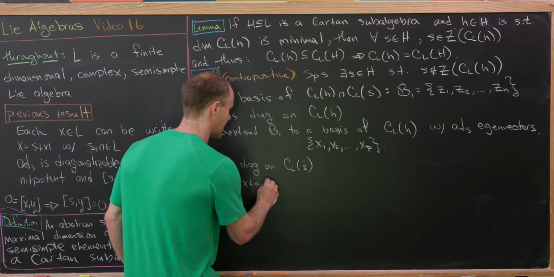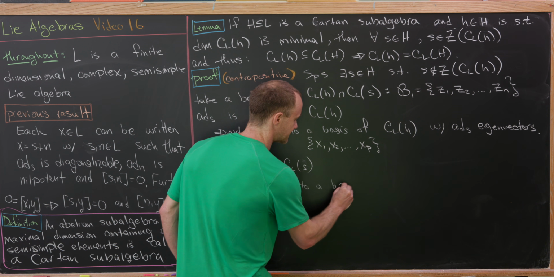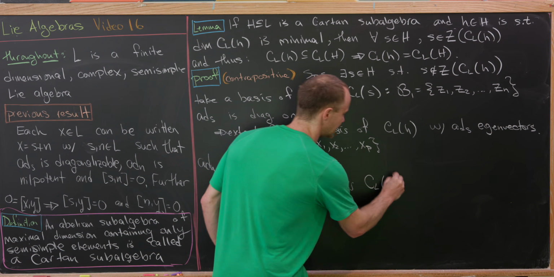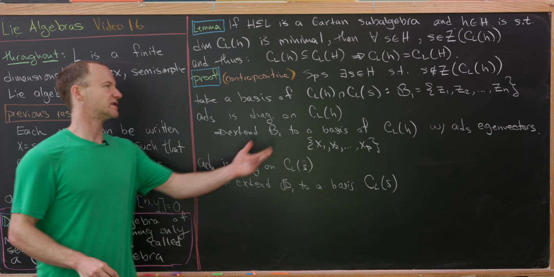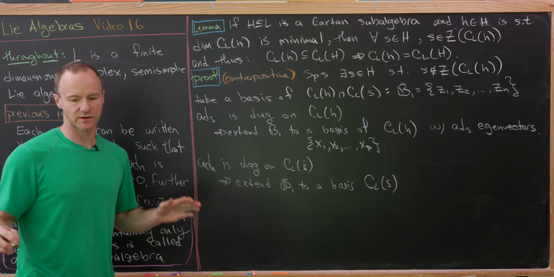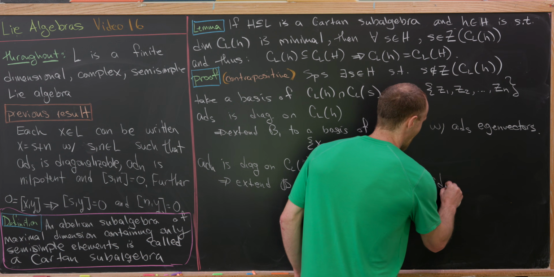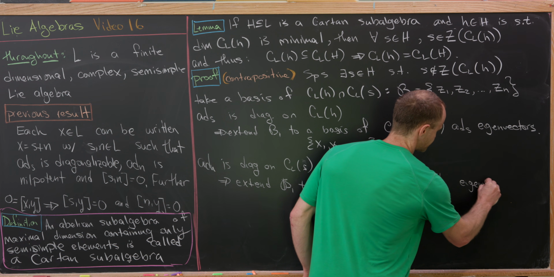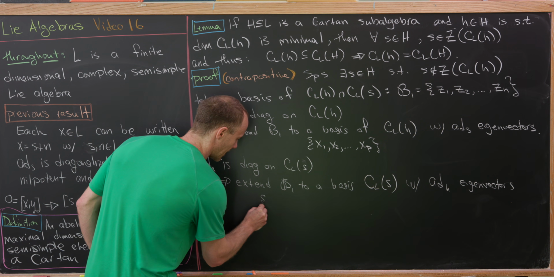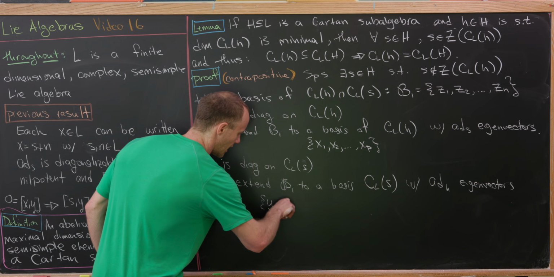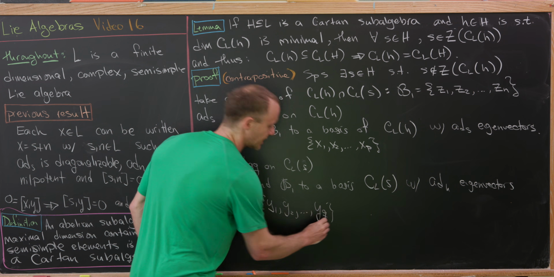We'll extend B1 again to a basis, but this time instead of C_L(h), it'll be C_L(S), which this intersection is also a subspace of, so that's how we can do that. And this time it's going to be with ad h eigenvectors. So I'll call those y1, y2, all the way up to yq.